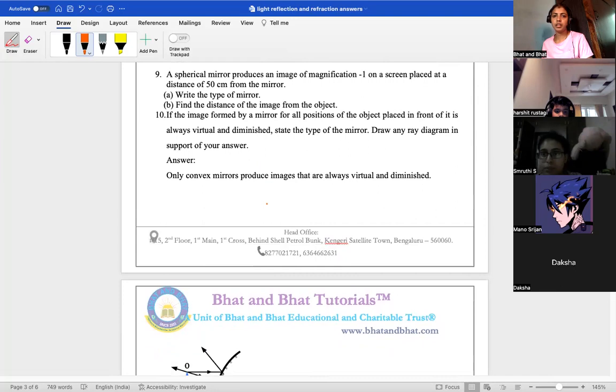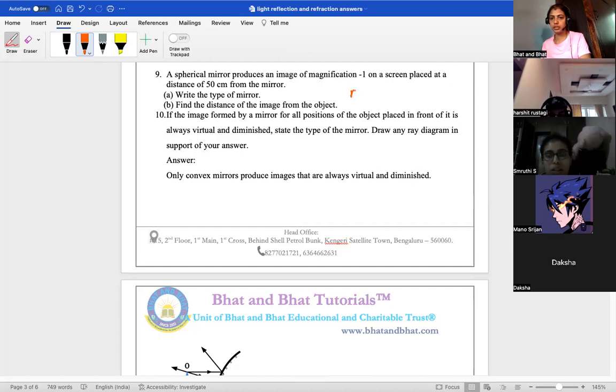Next, a spherical mirror produces an image of magnification -1 on a screen placed at a distance of 50 centimeter from the mirror. Write the type of the mirror. What is the type of the mirror? Magnification is -1. Convex.